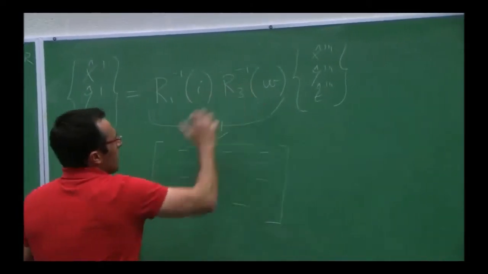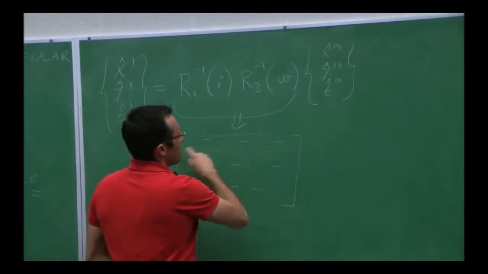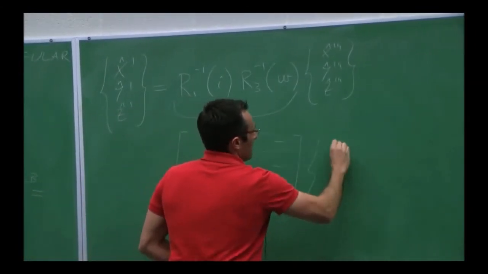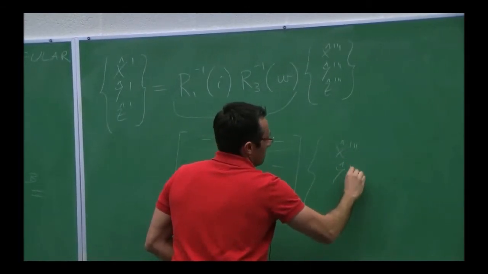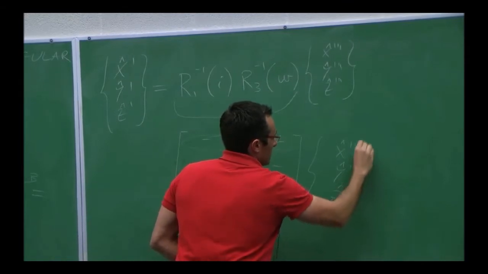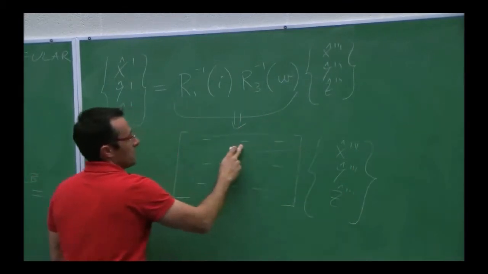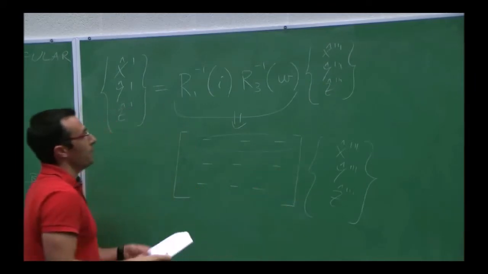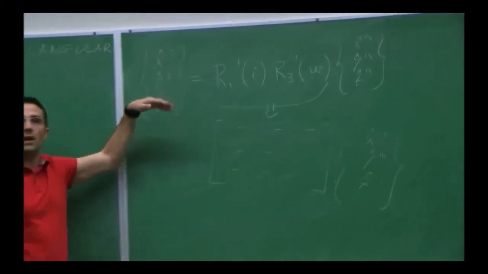I don't know how it looks inside, but each row is multiplying the column of these bases. This number multiplies x, this is y, this is z, and it tells you how this little vector is projected into the x third, y third, z third bases. And the same for y and the same for z.